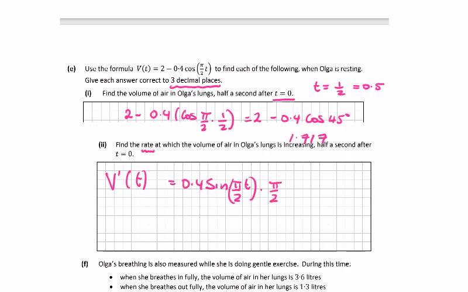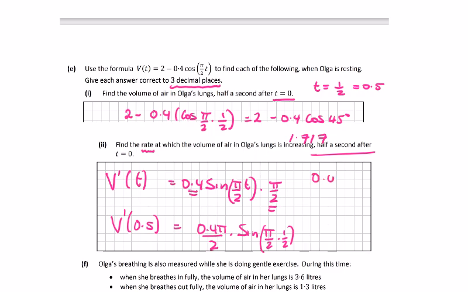And this is find the rate at half a second, so this is again t equals a half, V prime of a half. So we put that in here, we're going to get 0.4 pi divided by 2, if we bring these two together, times the sine of pi over 2 by 1 over 2, so sine of 45 again.